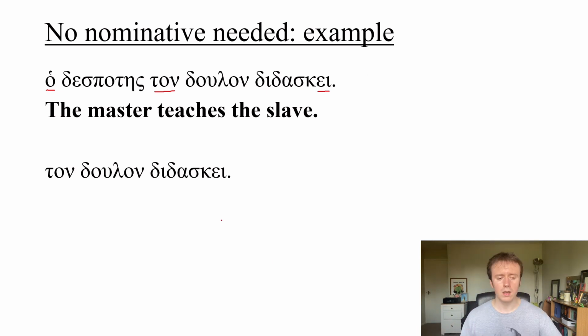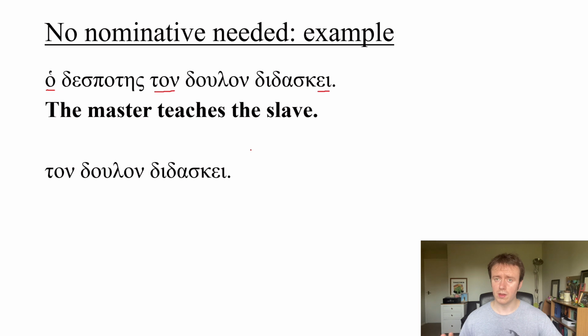Because you can see we've got ton doulon, which is the slave, and here it's in the accusative singular, which we know from the masculine accusative singular definite article. And then we've just got the verb didaske, which we know means he, she, it teaches, or he, she, it is teaching. But we don't have any nominative noun.